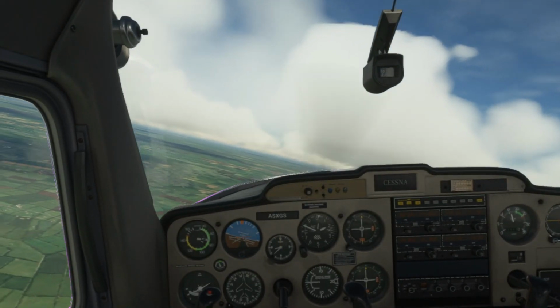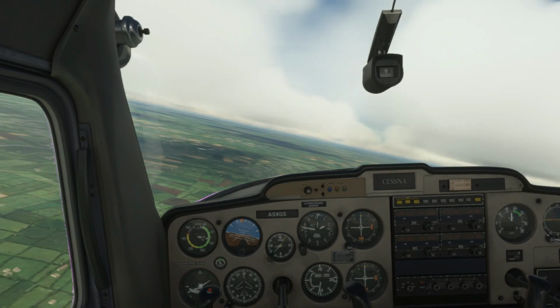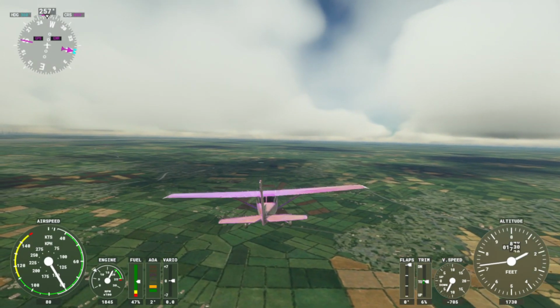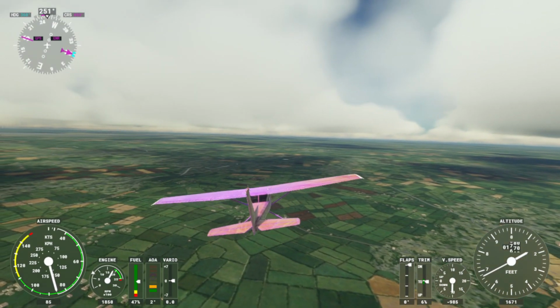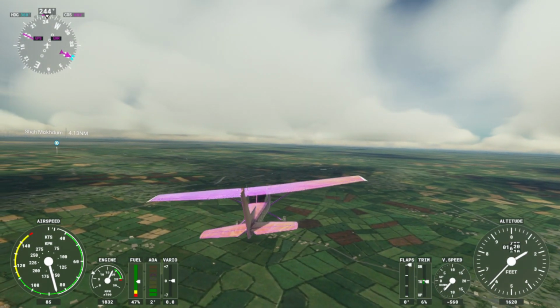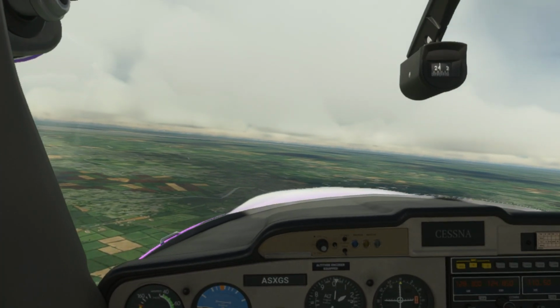Now we're pretty close to the runway and our speed is pretty good. I'm going to try to put the flaps down. Now normally what we do is we put down flaps incrementally, like first of all we put it down 15 degrees and then we start to put down the whole flap.